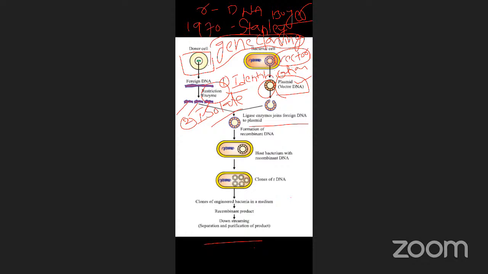After breaking into a number of pieces, we injected these pieces into plasmids. Here this is one piece separated, and the plasmid DNA is also cut into a small portion with the help of restriction enzyme.